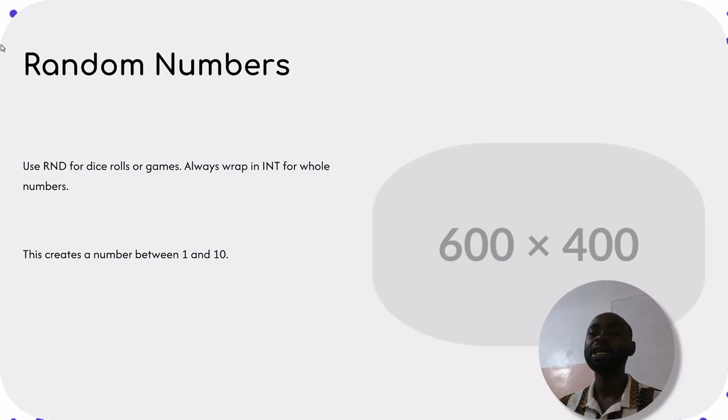If we want the numbers in integer format, we put parentheses and have the INT, that's integers, in front of the RND, which should be in the parentheses. That is what it means. This creates a random number between 1 and 10.